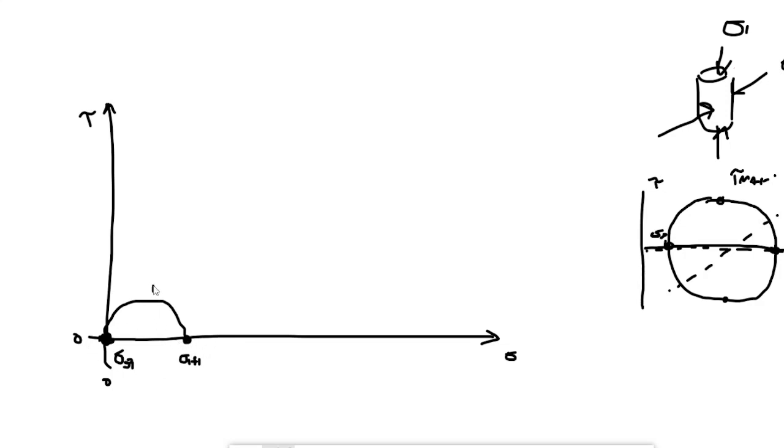And that is going to be on the y-axis, or the tau axis, our tau max 1, right? So, okay, we have a tau max, and really, if we're saying that most samples fail in shear, then this is an important number. This is really telling us what we can expect to be what's causing us trouble.